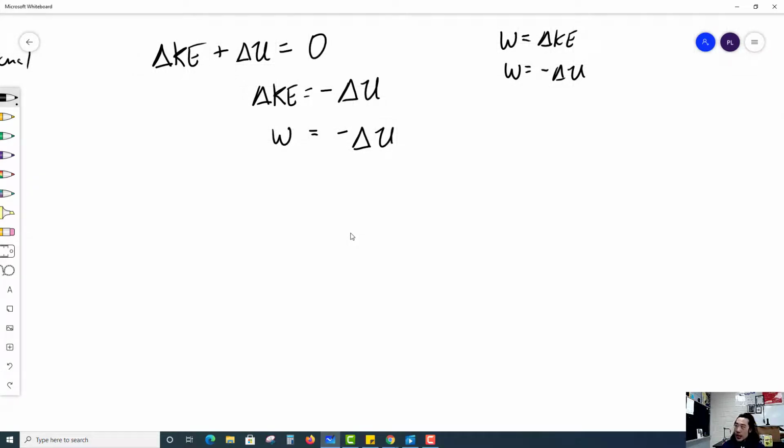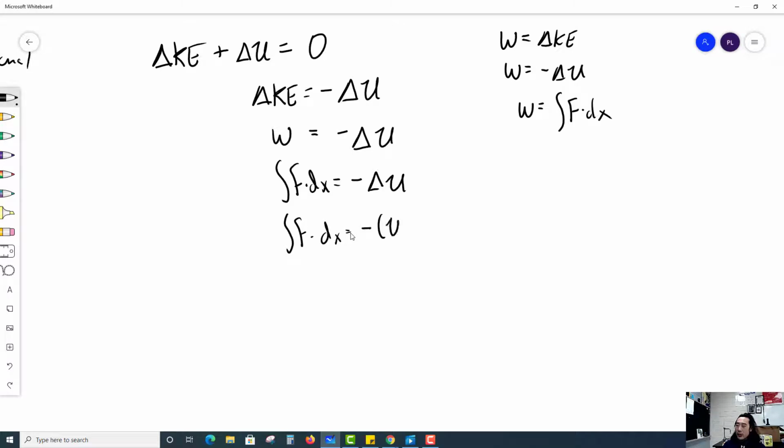We also said that work is equal to the integral of F dot dx. So we're going to put that in there. The integral of F dot dx is equal to the negative delta U. All right? And from here, I'm going to just expand out my right-hand side a little bit. We can say negative, okay, U final minus U initial.